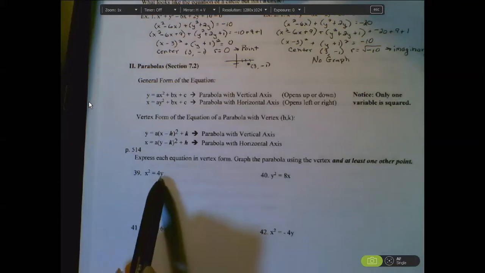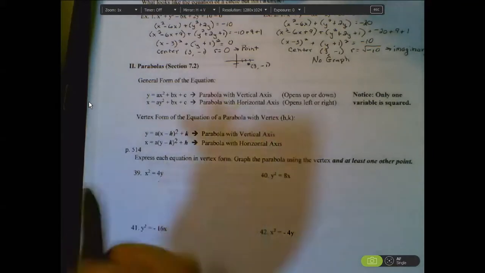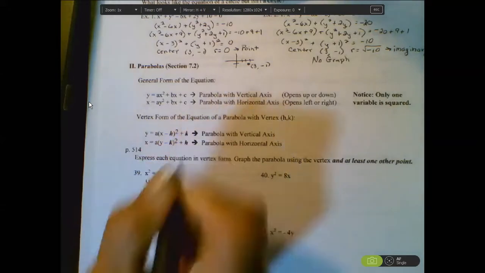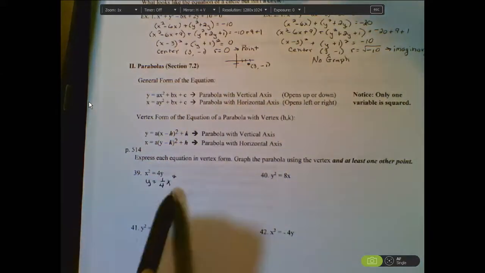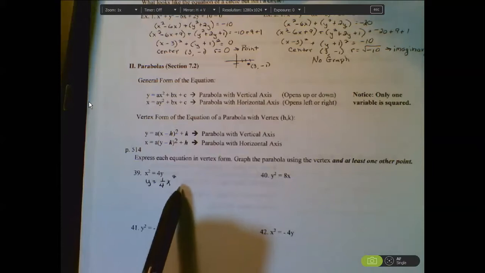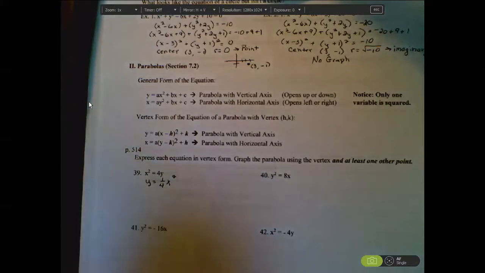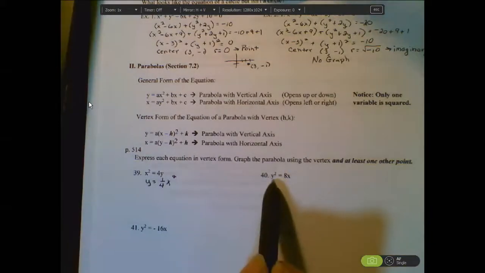I could get the y by itself and it would be y equals 1/4 x squared. That's what we graphed in 4.3. You can just look at that and see that the vertex is 0, 0, because there's no horizontal shift and there's no vertical shift. It's when the y that's squared, we haven't graphed those.